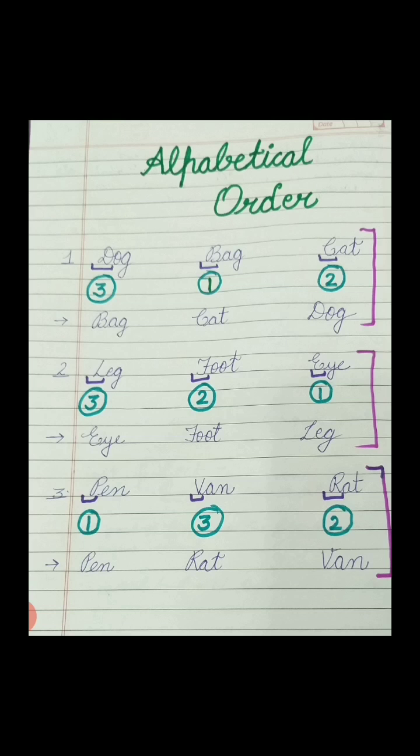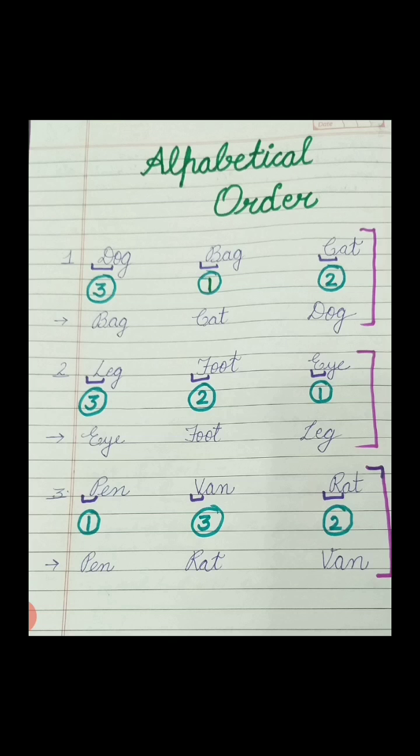C. So after bag, at the second place we write cat. And in the last comes dog. Easy, right? What do we have to see? We have to see the uppercase letter. And then according to the alphabet, we have to arrange them.